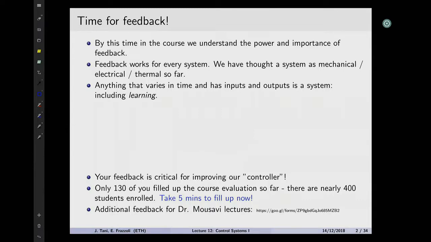I hope we have convinced you, maybe at this time in the course, that feedback is a powerful thing. It's important in general, and of course in control systems. While we have been talking about control systems as mechanical, electrical, thermal systems and physical laws, really control systems applies to everything that is a system.